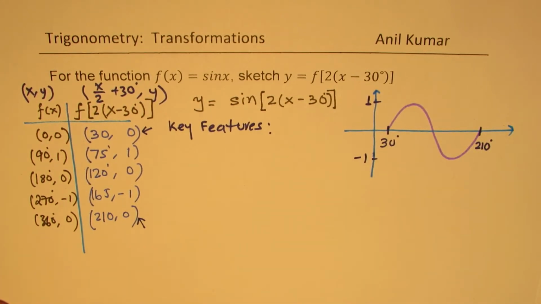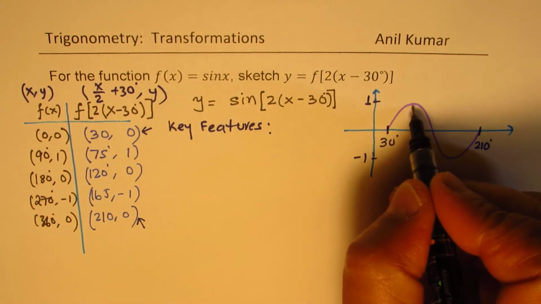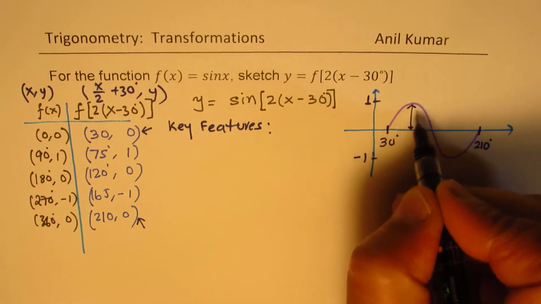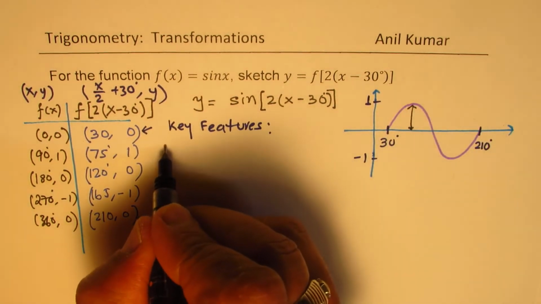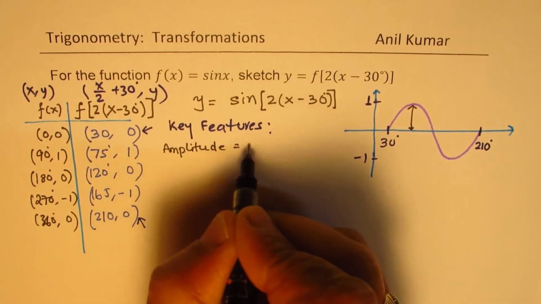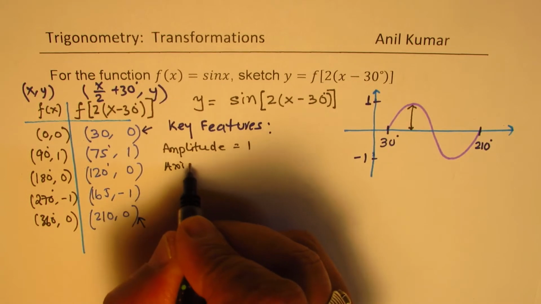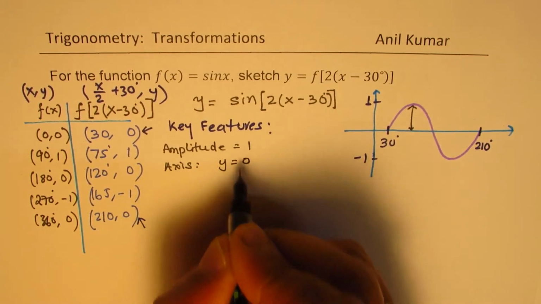Now once you have a graph in there, it is easier for you to write down all the key features, correct? So let's write down the key features, starting with the amplitude, which is the distance from here to there, from the axis to this. So we have amplitude equal to 1 unit, and we have the axis at y equals 0.